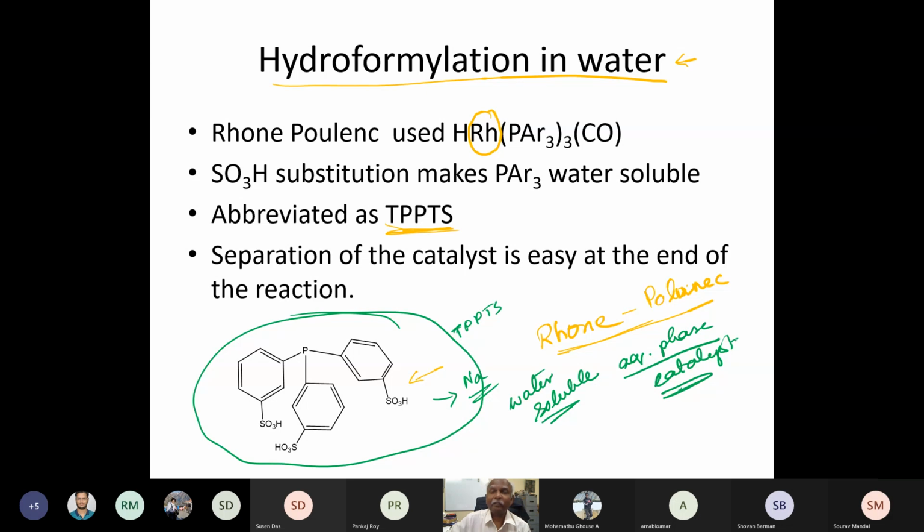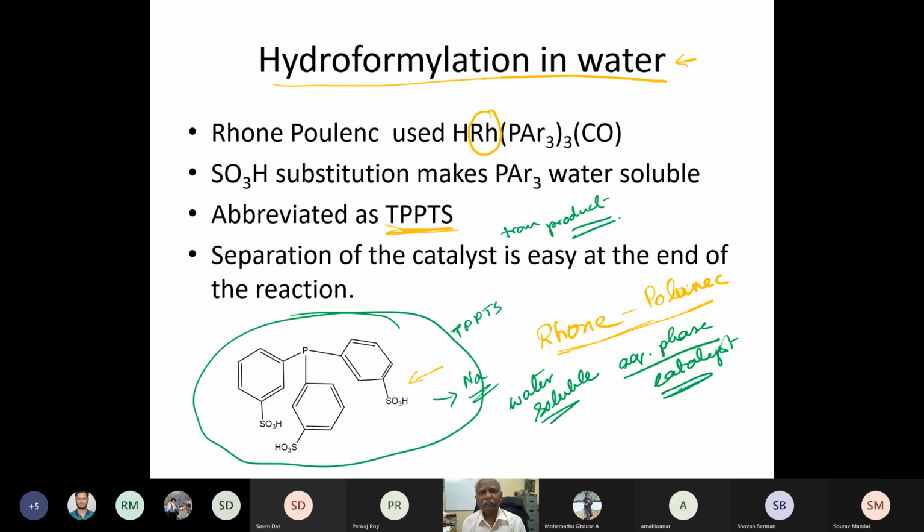And the separation of the catalyst from the product is fairly easy. At the end of the reaction, you just do a simple phase separation between the aqueous medium and the organic aldehyde which you have generated.